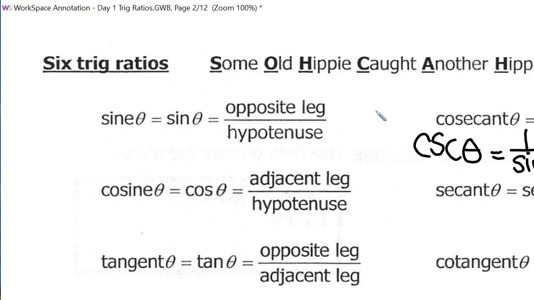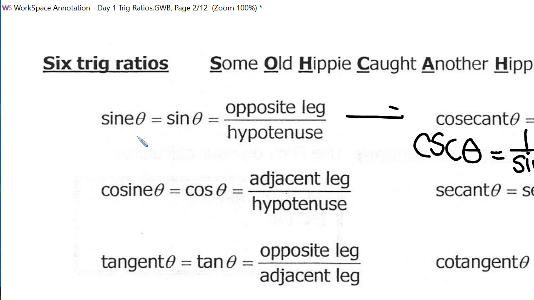Now, to find the reciprocal identity, if the sine is opposite over hypotenuse, how do you find a reciprocal? You flip the fraction. So instead of opposite over hypotenuse, the cosecant would be hypotenuse over opposite. So for these reciprocal identities, you invert the fraction. So sine and cosecant are reciprocal.